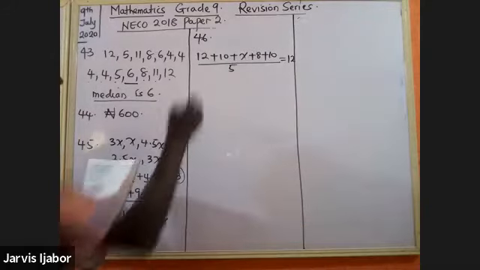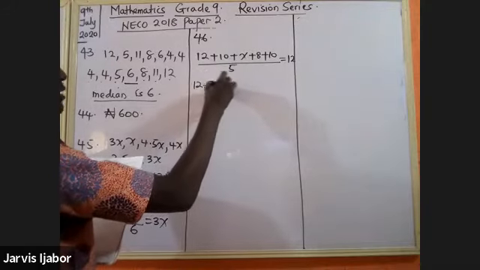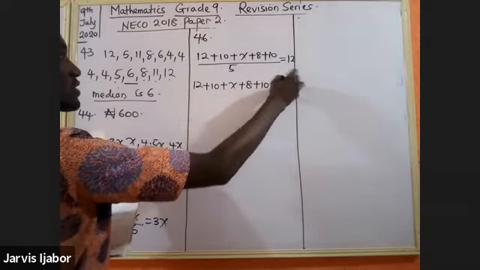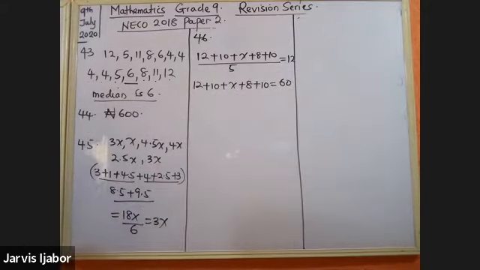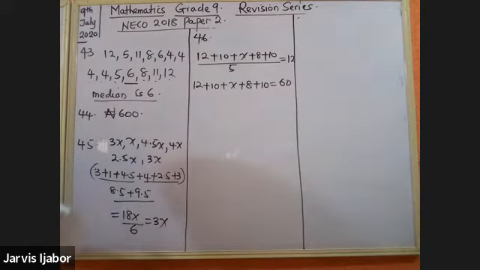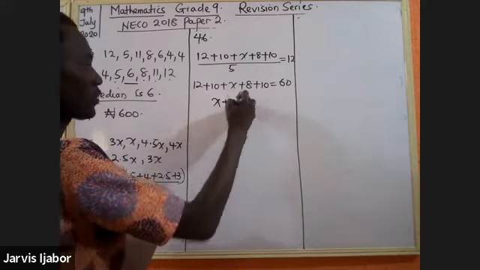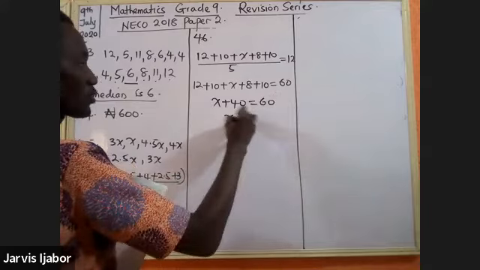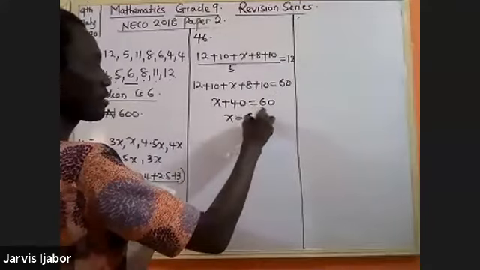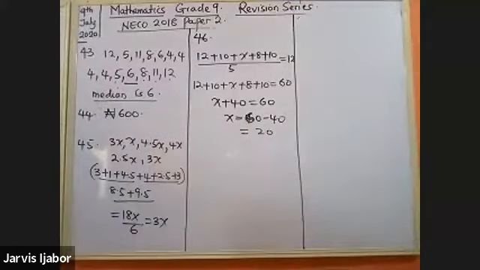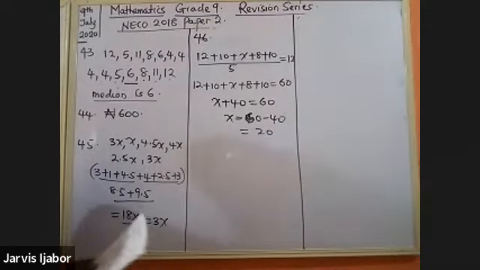It therefore means that 12 plus 10 plus x plus 8 plus 10 will be equal to 60. So add this up, this will be 22 plus 18, that's 40. So x plus 40 will be equal to 60, and x will be equal to 60 minus 40, which will give me 20. So that answer should be 20.